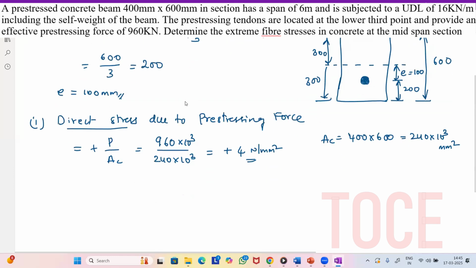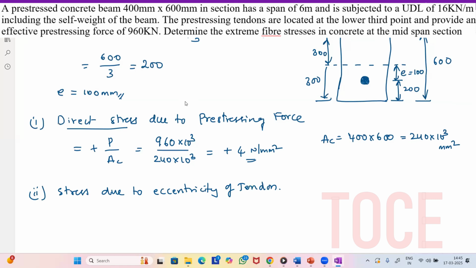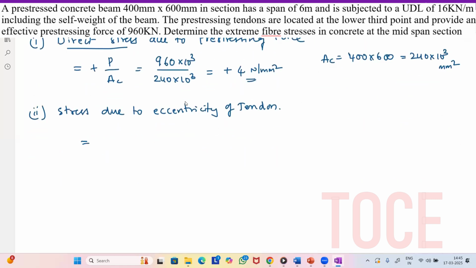Now we got the direct stress. Now let us calculate the stress due to the eccentricity of tendon. Okay. So we know the formula, it is minus or plus, because the stress above the neutral axis will be minus, below the neutral axis it will be plus. Pe, that is moment divided by the section modulus Z. Okay.